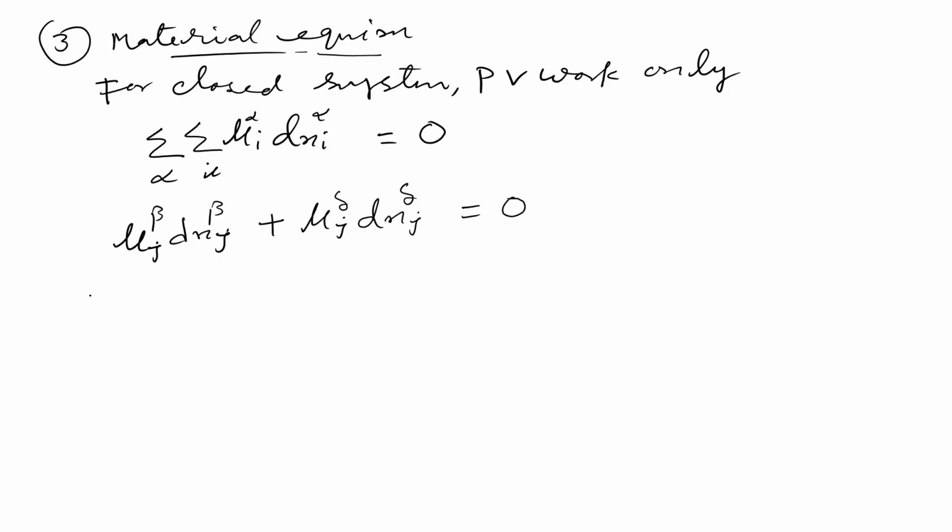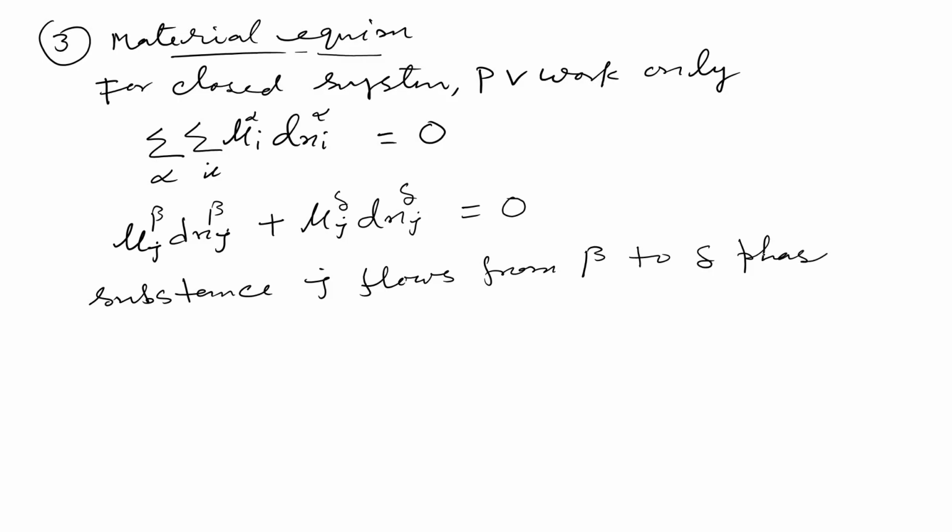Now we are considering that substance J flows from the beta to the delta phase.